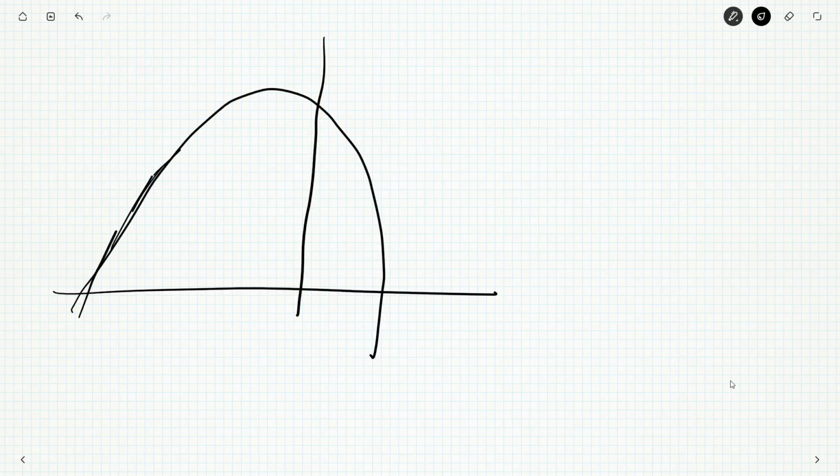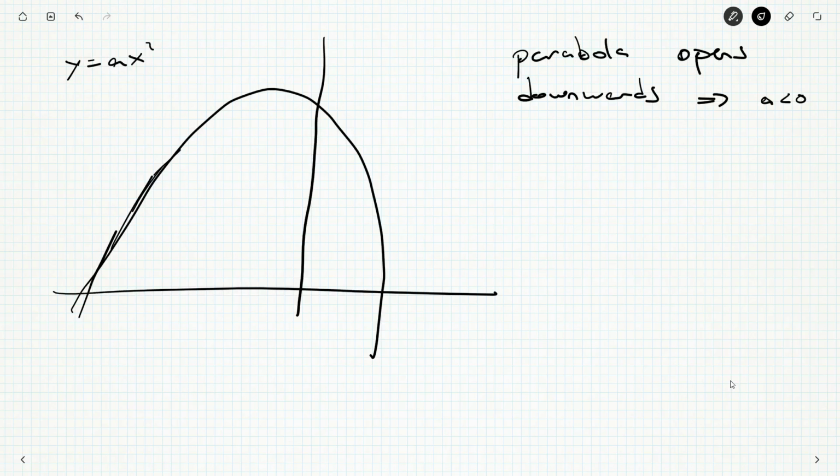So parabola sloping downwards, not slopes, opens downwards. That happens exactly when a is less than 0. Okay, this is a nice property. If you didn't know it, this is a useful thing.